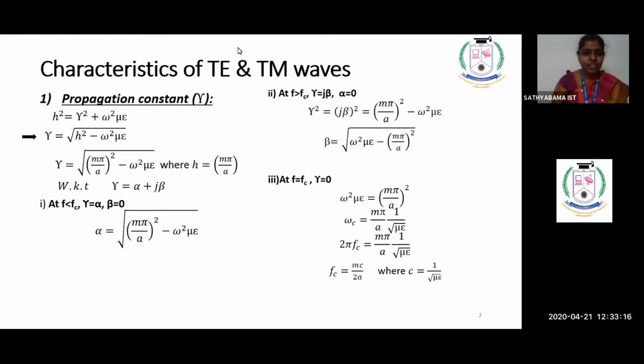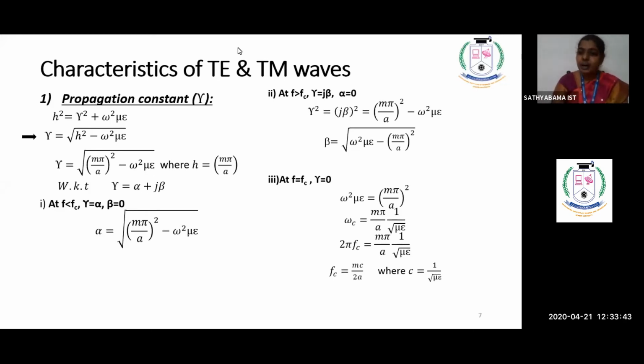Let me talk about case number one. Case number one says your operating frequency f is less than your critical frequency fc. What will happen when it is less than the critical frequency? As I said, you will not have any propagation. If no propagation is happening, your beta, which talks about propagation, becomes 0. Only attenuation will happen. The wave is not going to propagate.